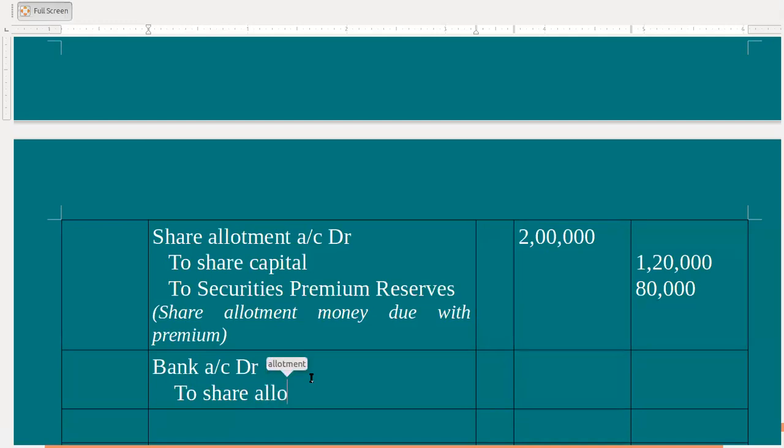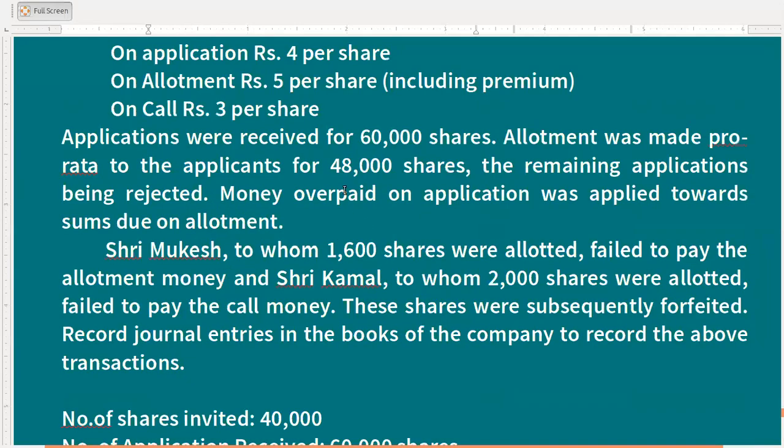Is there any adjustment regarding this one? See this one. Sri Mukesh, to whom 1,600 shares were allotted, failed to pay allotment money.